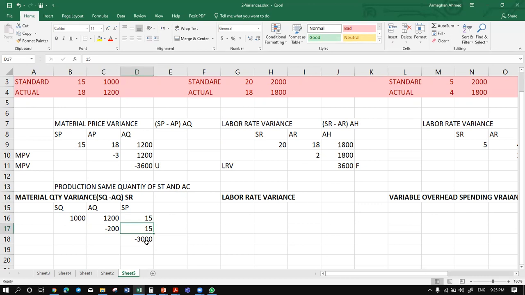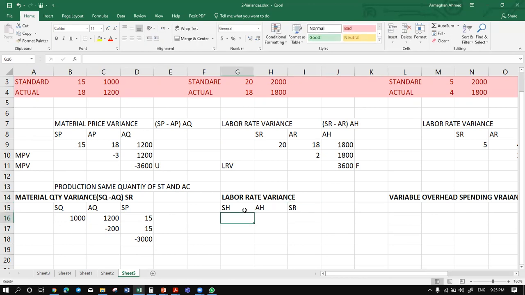What will be the formula for labor rate variance now? Standard hours minus actual hours, multiplied by the standard rate.